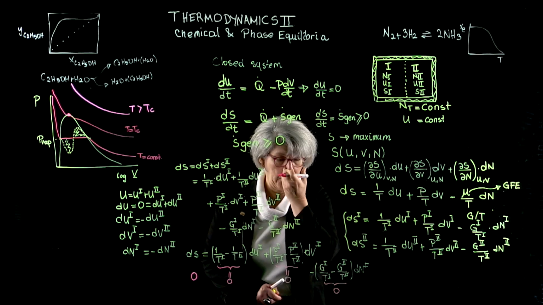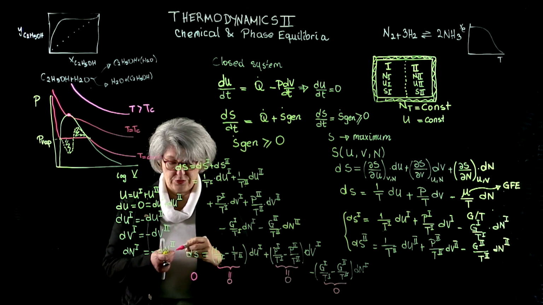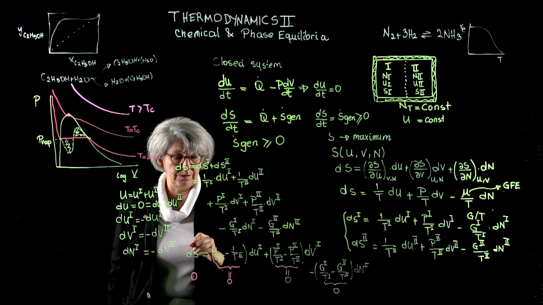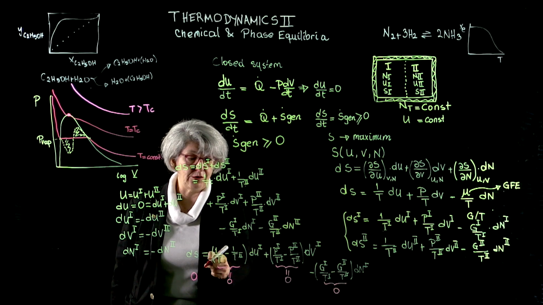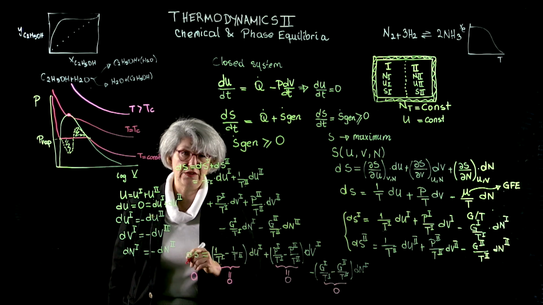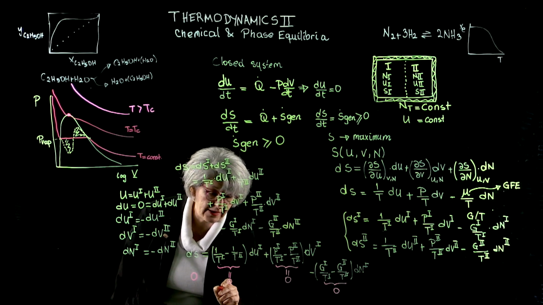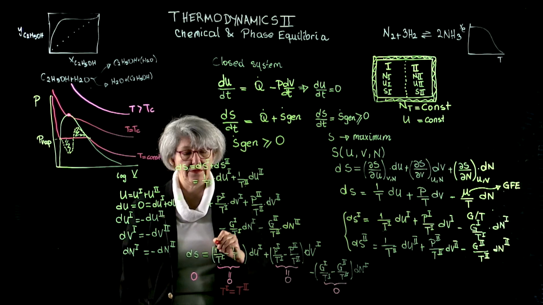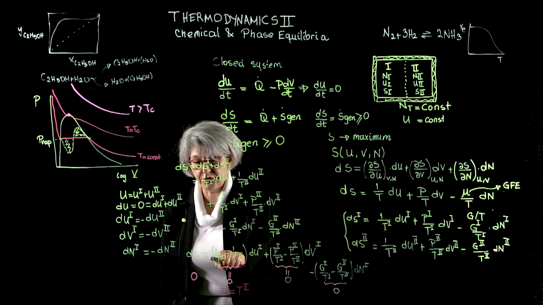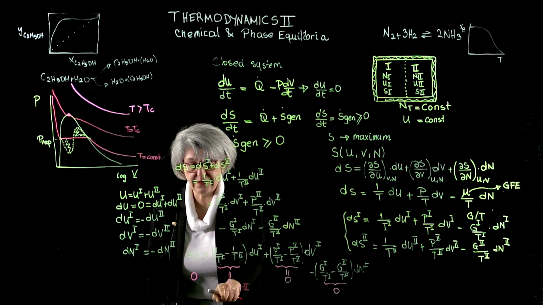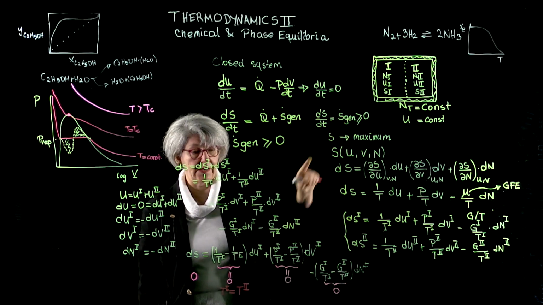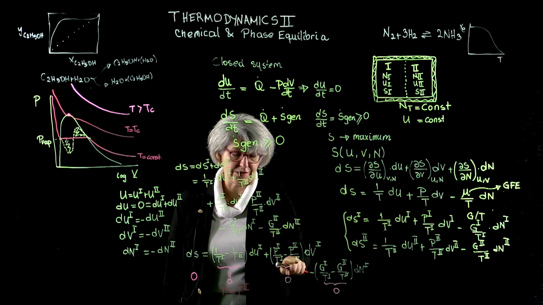And this should be our equilibrium condition. If 1 over T1 minus 1 over T2 is equal to 0, then T1 should be equal to T2. All right? So now the first term establishes that the temperatures in those two domains have to be equal. Now the temperatures are equal.